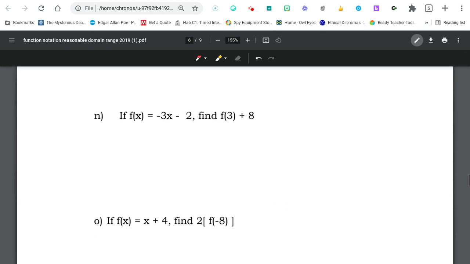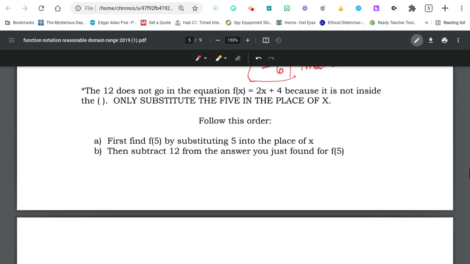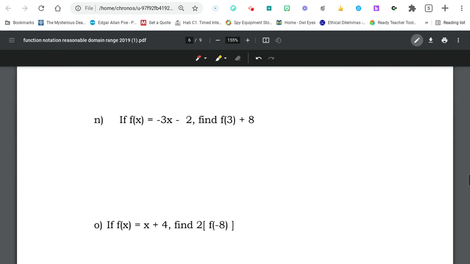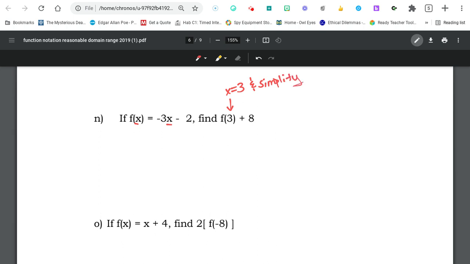Okay, let's take a look at n. N is the same way. And inside of my parentheses, I see a 3. So I'm going to replace x with 3. I'm going to get a regular number for this one. Now, after I replace x with 3 and simplify, then I get to add 8 to my answer.